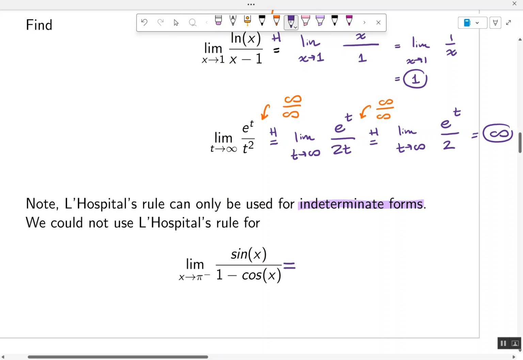So this is just going to be equal to sine of pi over 1 minus cosine of pi. Sine of pi is 0, cosine of pi is -1.